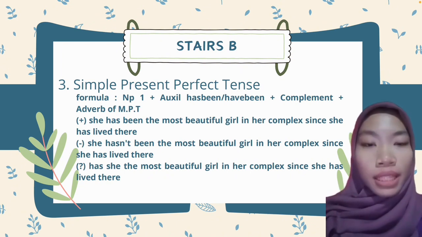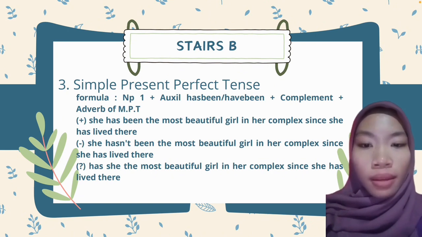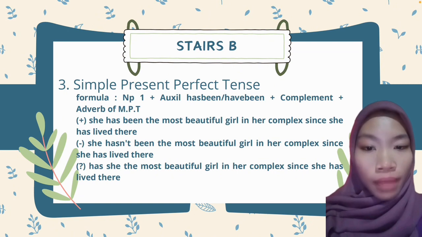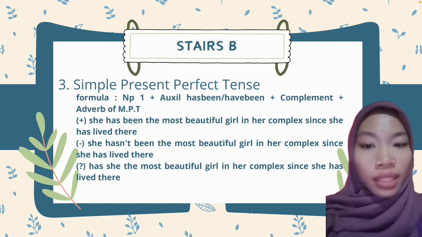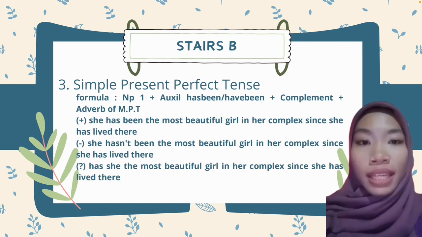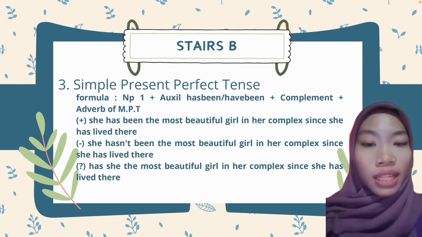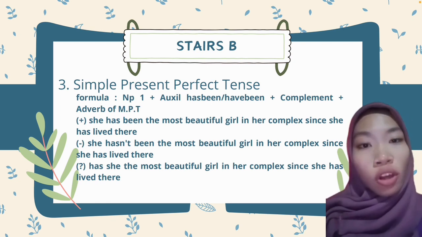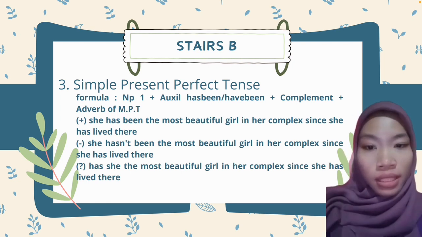The example is, she has been the most beautiful girl in her complex since she has lived there. She is noun phrase, has been is auxiliary, the most beautiful girl in her complex is complement, and since is adverb of time.